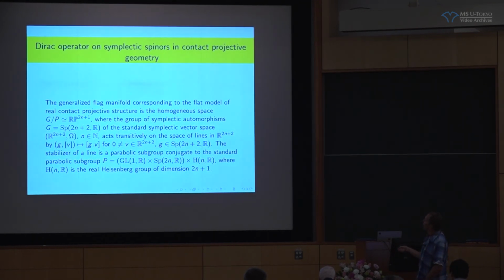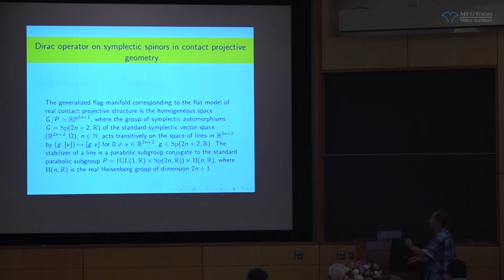The group G of symplectic automorphisms of the vector space R2n plus 2 acts transitively on the space of lines in the vector space R2n plus 1 by the standard vector action. And the stabilizer of a line is a parabolic subgroup, which is conjugate to the standard parabolic subgroup.